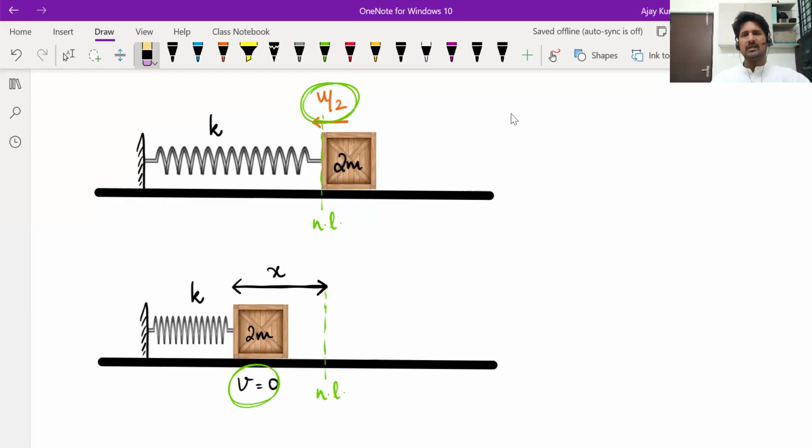Another way is mechanical energy conservation from here onwards. Once 2m starts compressing the spring, you can apply mechanical energy conservation because spring force is the only force doing work on it, and spring force is a conservative force. So initial potential energy in the spring plus kinetic energy of the block is equal to final potential energy of the spring plus kinetic energy of the block.